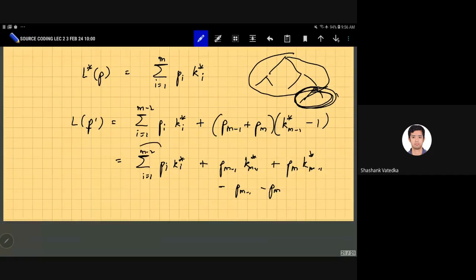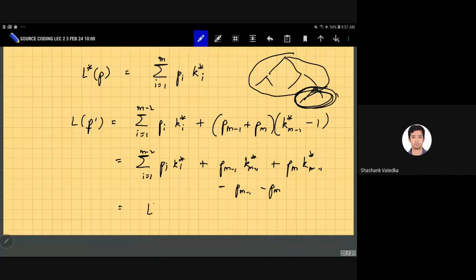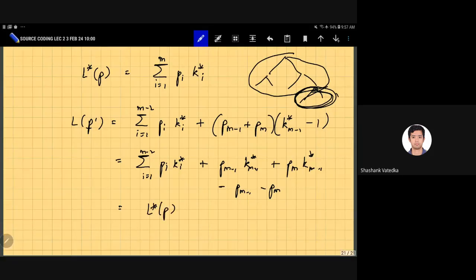But the quantity we have over here is simply L star of P. So this is L star of P minus P m minus 1 minus P m. So if I merge two symbols of the least probability in the optimal canonical code, then I get an expected length which is equal to L star of P minus P m minus 1 minus P m. Let's call this equation 1.